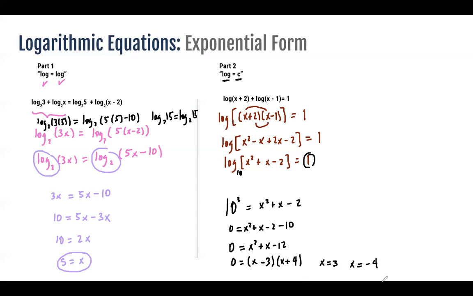But we need to make sure that those solutions actually work. So let's try with the first one. Always test your answers. So you're going to have a logarithm, I'm going to write the base. And let's try with the 3. That's going to be 3 plus 2 plus logarithm base 10.